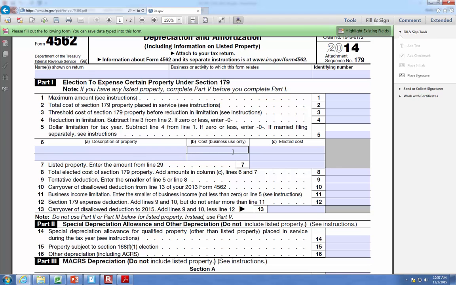In other words, I don't have to set it up and write it off over 5 years or 7 years or whatever. I get to expense up to a certain amount all in this year. And you can see there's lots of limitations. You've got to do a lot of calculations. It's not just a slam dunk, but I'm just trying to give you an overview of the sections. So that's obviously desirable for a business, right? I get to write it all off this year rather than over time. I get a really big deduction right now.